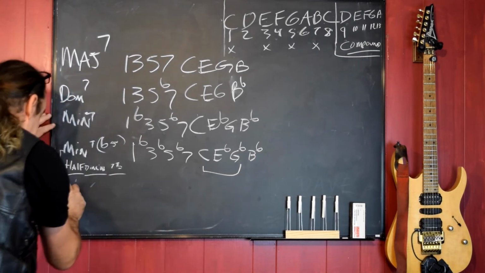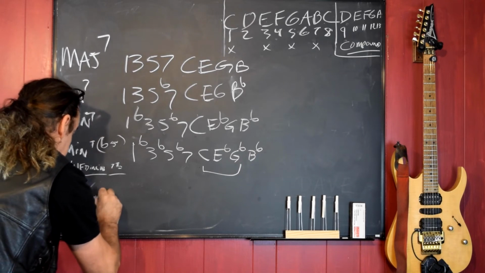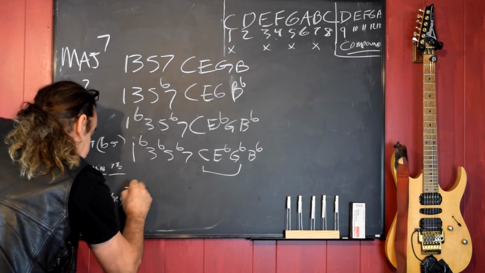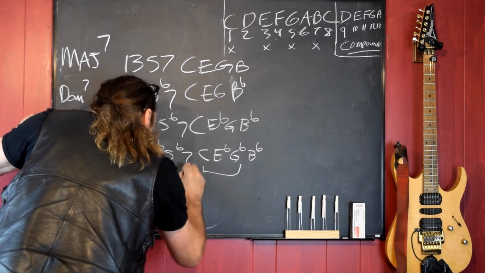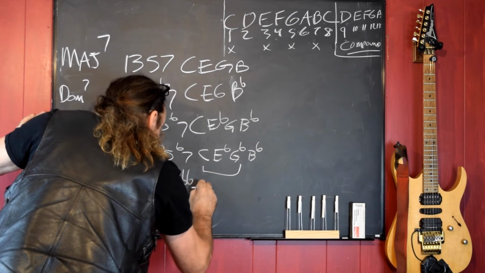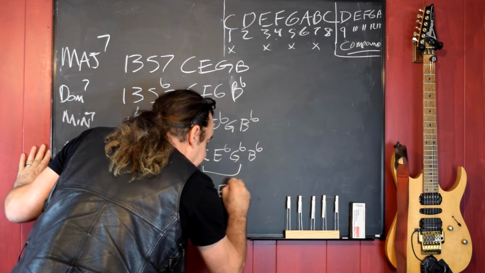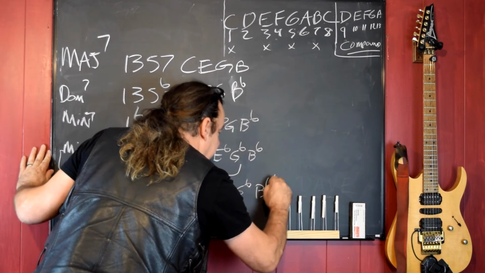The diminished seventh, sometimes called full diminished, is 1, flat 3, flat 5, and like it or leave it, double flat 7: C, E flat, G flat, and B double flat.